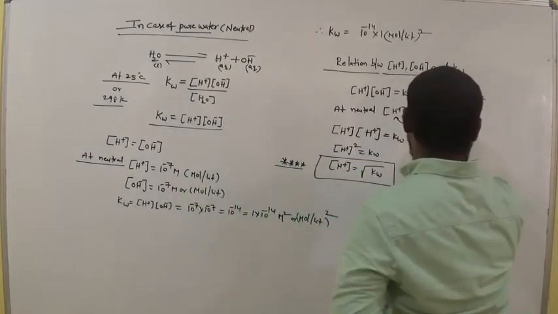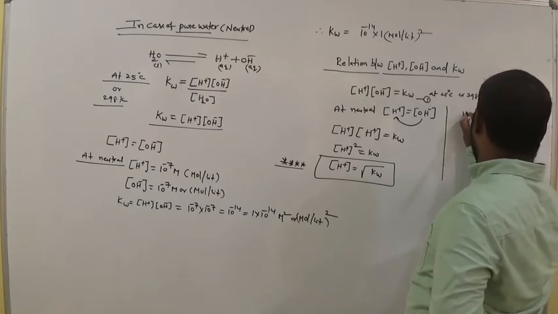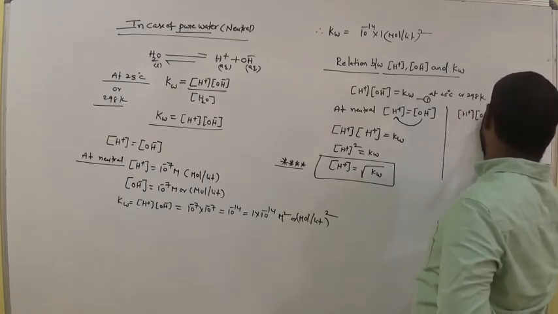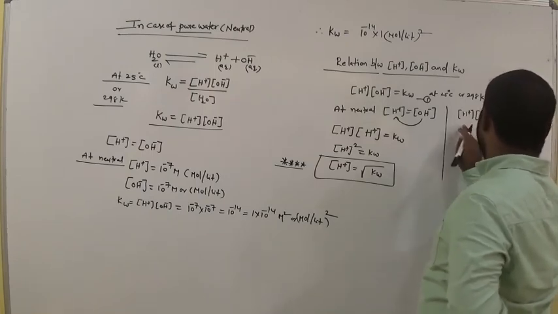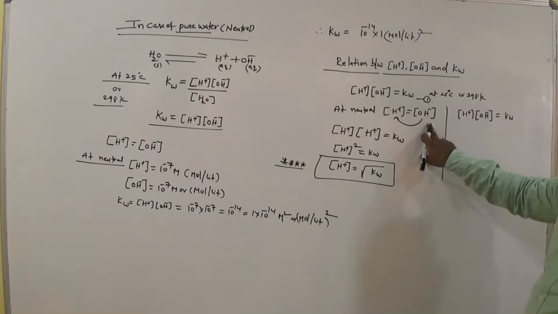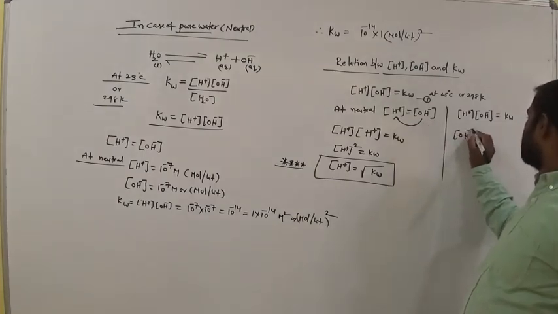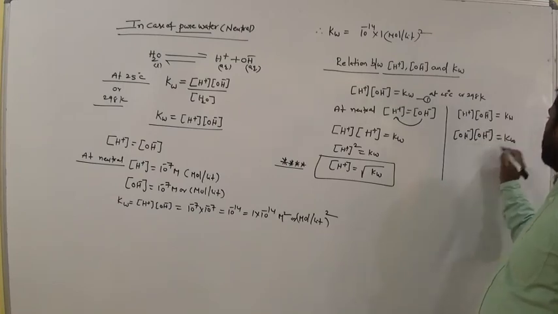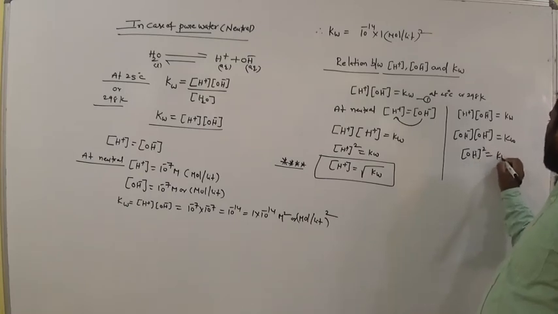Let's see the same condition here. The molar concentration of H plus times the molar concentration of OH minus equals Kw. And here we can also write H plus as OH minus, or not? So now OH minus times OH minus equals Kw. That means the OH minus ion concentration squared equals Kw, am I right?